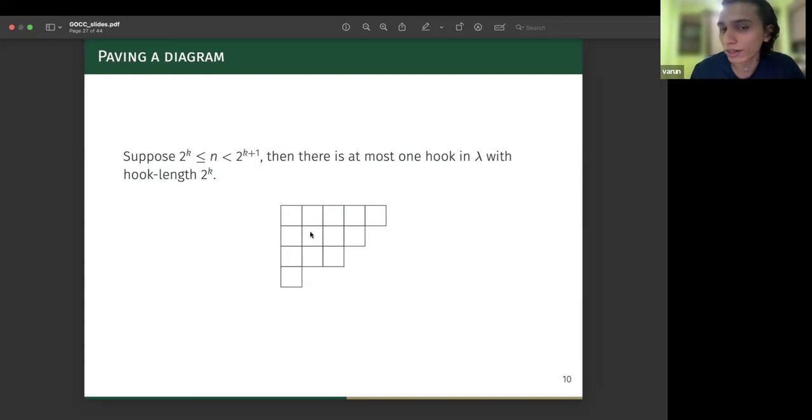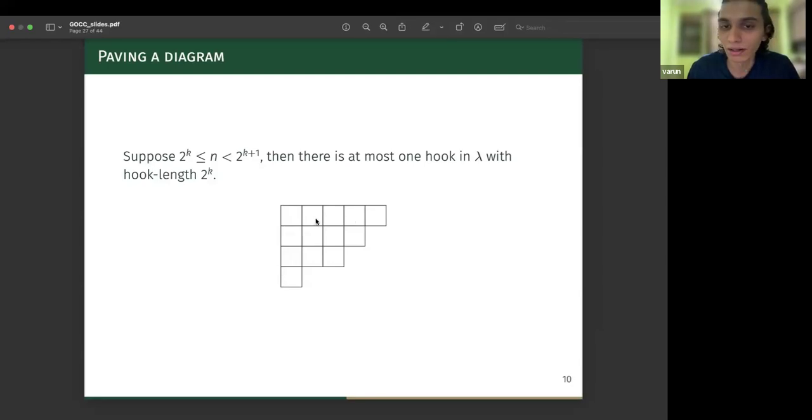Because if it doesn't, let's say it starts in this cell, then I can always move to the northwest and obtain a bigger hook that is completely disjoint from the hook I started with. When that happens, it violates the hypothesis that 2 to the k is the largest power of 2 smaller than n. So it has to intersect either the first row or the first column.